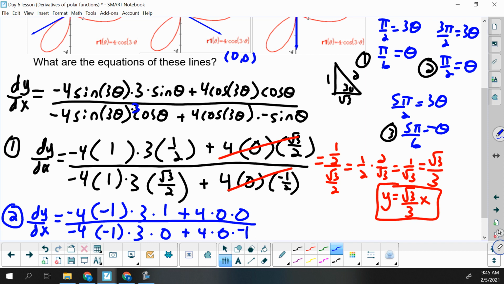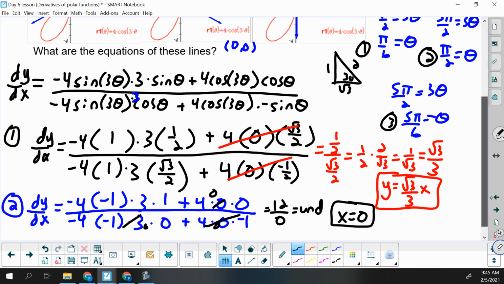Well, 3 of those spots are just going to wipe out as zeros. This is 0, 0, 0 for all of those. So this is just going to be 12 over 0. So we are undefined for our slope, meaning it must be a vertical line, and we are passing through x equals 0. So x equals 0 is just our equation for that vertical line.